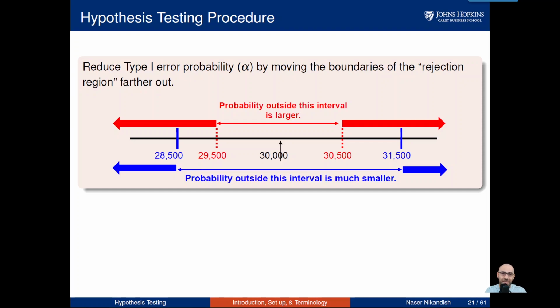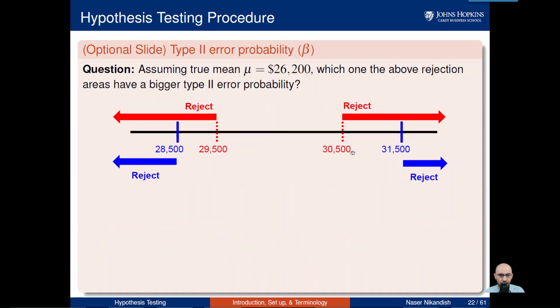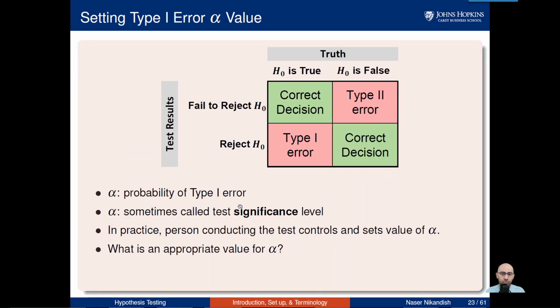In other words, alpha is smaller here, right? So type 2 error, this is optional. I'm going to move forward. We talked about all of this. Now, this type 1 error probability, we are going to show with alpha, and we are going to call that significance level. All right, that's another term that you need to know. Significance level, type 1 error probability.